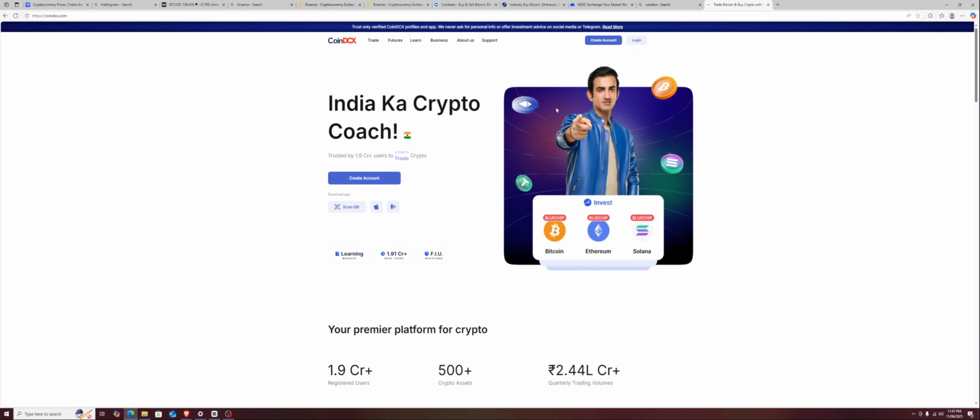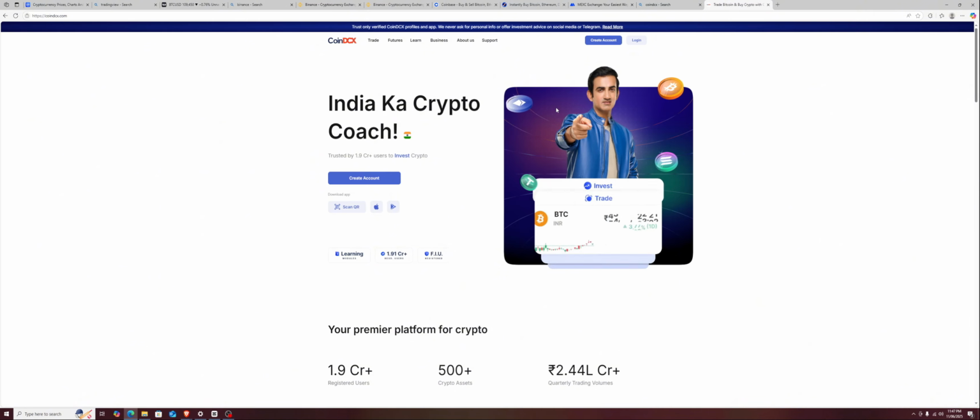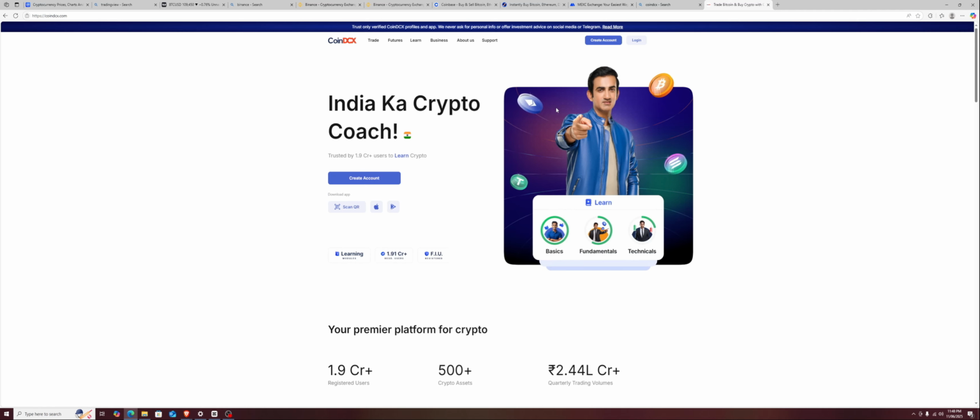The only way you can do a transaction in crypto is that you use your Indian rupees, buy the crypto, hold it over there, and then sell it on the same exchange and withdraw your Indian rupees. But you cannot transfer your crypto assets. This is probably because of Indian government restrictions. I think that's a problem countrywide in India. But other than that, it's one of the trusted crypto exchanges, and I've used it personally. There's no problem with it.